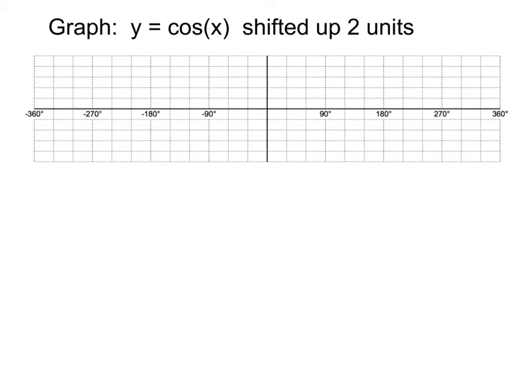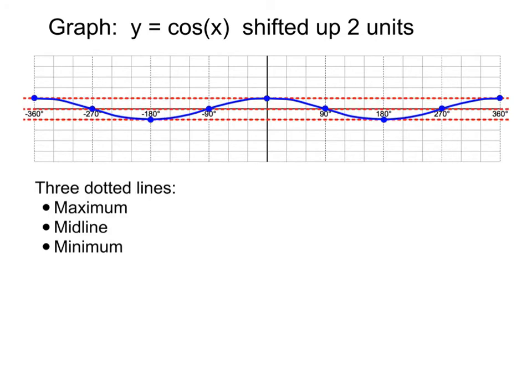When we take a look at starting this kind of problem, we can actually envision the original graph as being bounded by 3 different lines. And these 3 lines represent the top, the middle, and the bottom of our curve.